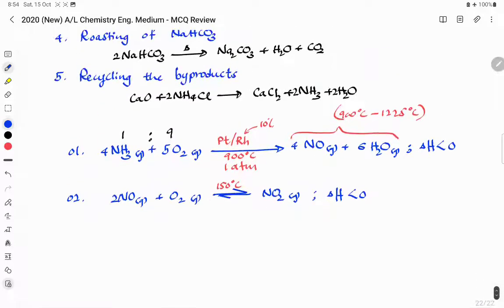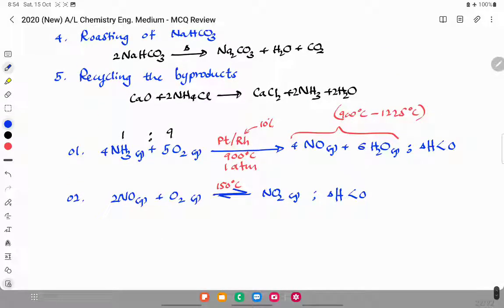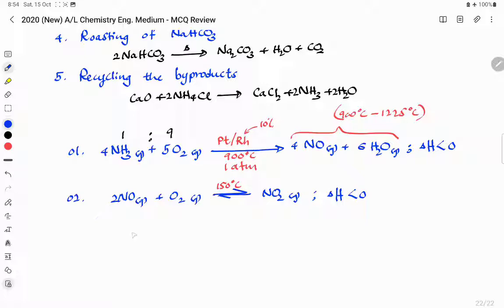So let me show you the ammonia production process. N2 gas reacts with H2 gas. It's a reversible reaction to produce ammonia gas. Now here we use iron catalyst and 450 degrees Celsius temperature, 250 atm pressure.